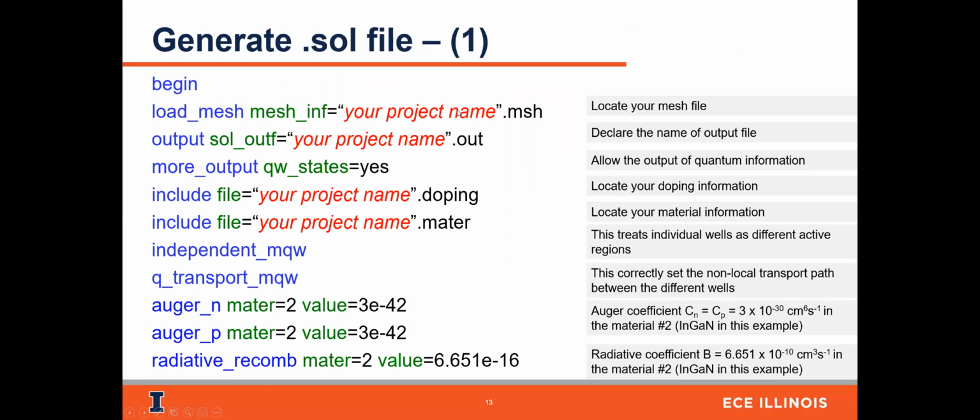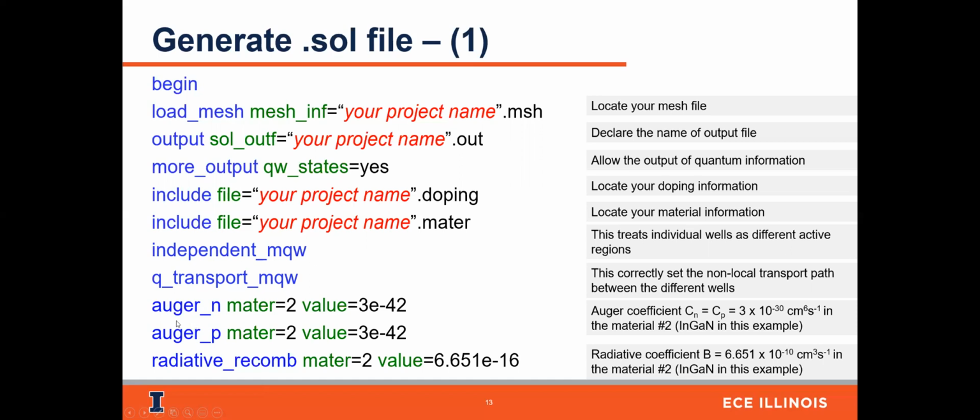And in the solution file, you need to load the mesh information. You set your output file, and you need to allow the output of quantum information, and then you input the doping profile and the material profile, and then you use the independent multiple quantum well module and the quantum transport module for multiple quantum well to simulate the carrier transport physics in the active region.